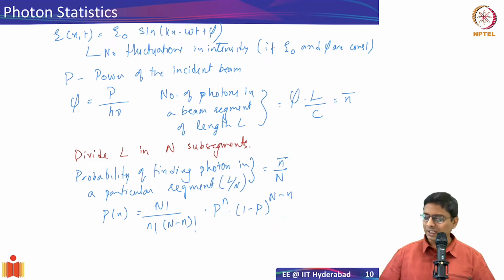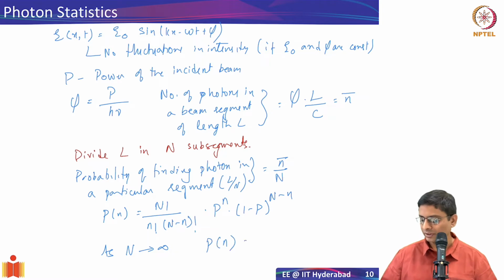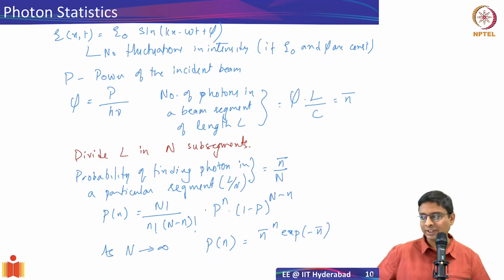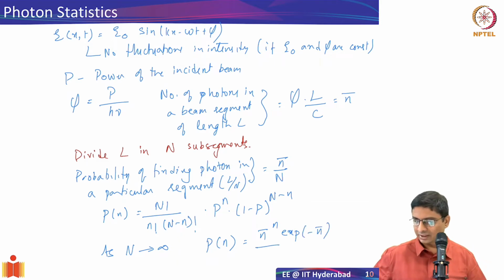Now, there is some algebra you can do, but essentially, if you consider the case where N tends to infinity, you can show that the probability of finding n photons in a particular beam segment depends on the average number of photons: n bar to the power n, times exponential of minus n bar, divided by n factorial.